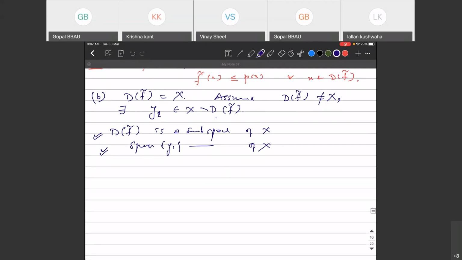Okay. Now you do one thing. Take Y1, a subspace of X spanned by the domain of F tilde and y1. This is the span of the domain of F tilde comma y1.